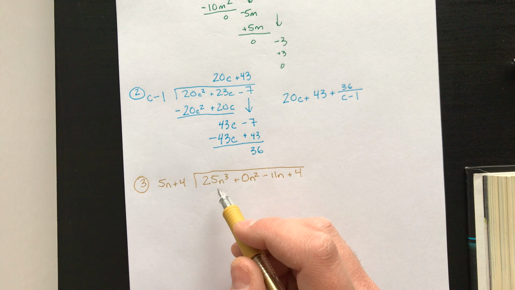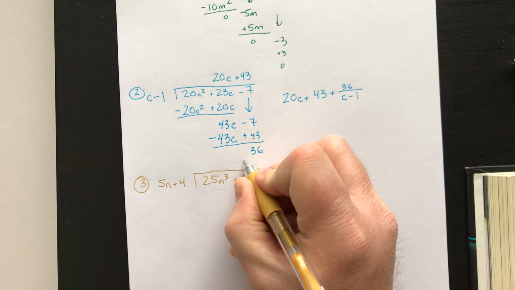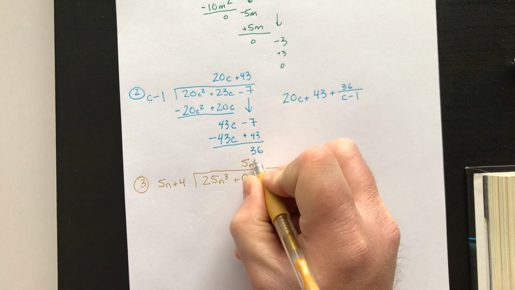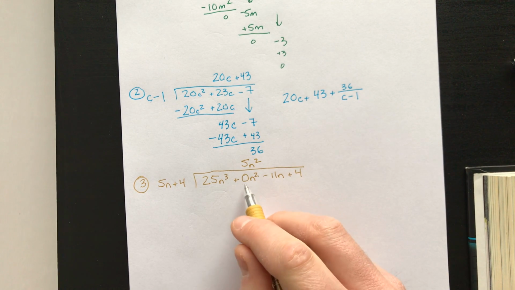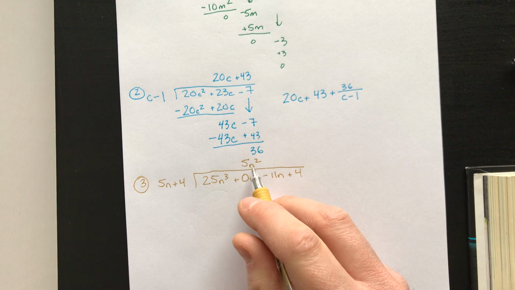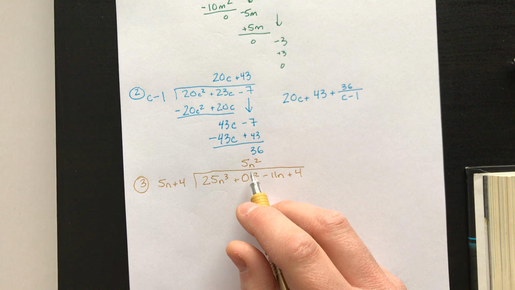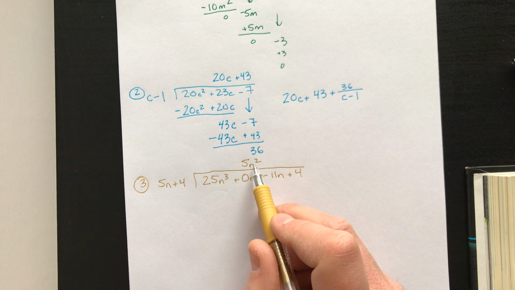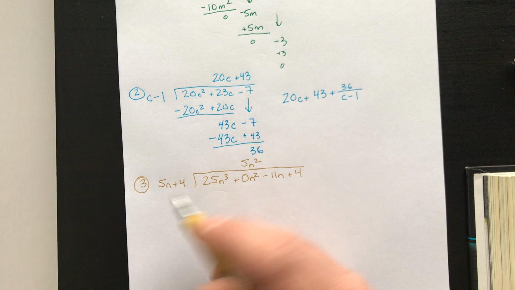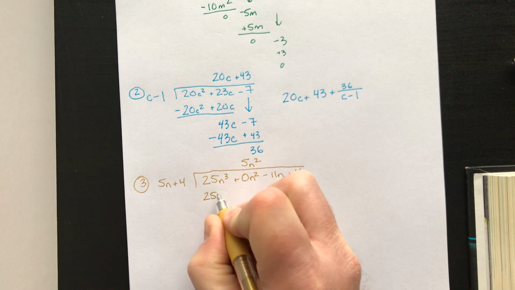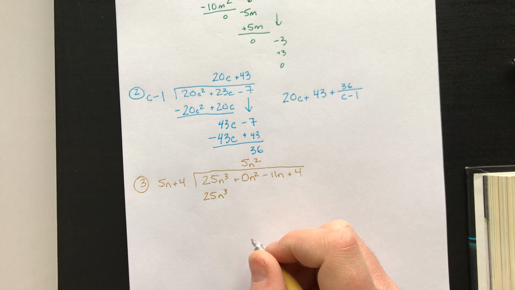Well, that'll be 5n squared, right? That's why we needed to put in this 0n squared, because we're going to have an n squared as part of our answer, okay? So now we have 5n squared times 5n is 25n cubed, okay?